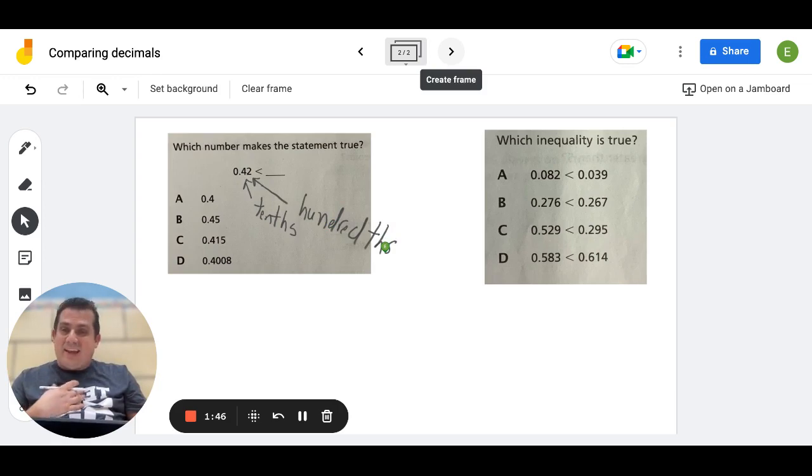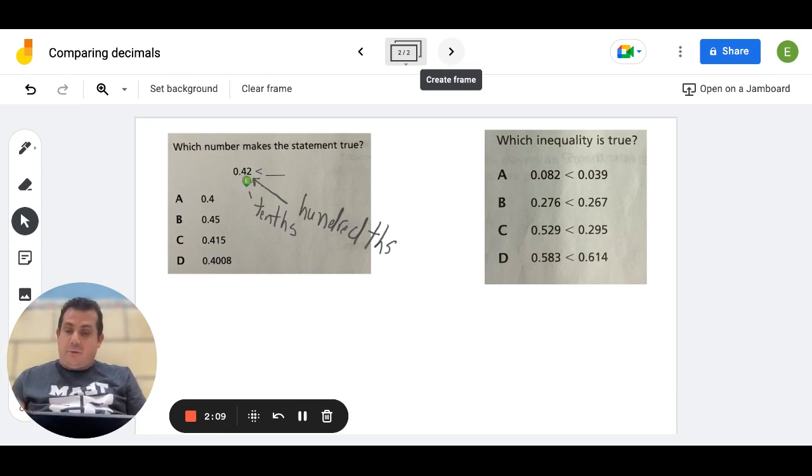And we always take the name of the place value that is all the way to the right. So in this number, the digit all the way to the right is the 2, which is in the hundredths place. So we would read this number as 42 hundredths.